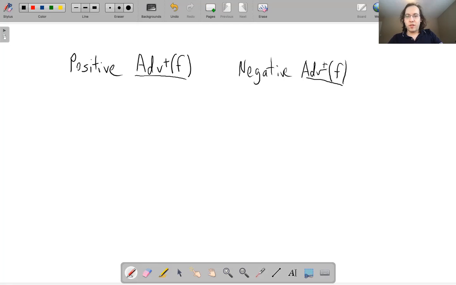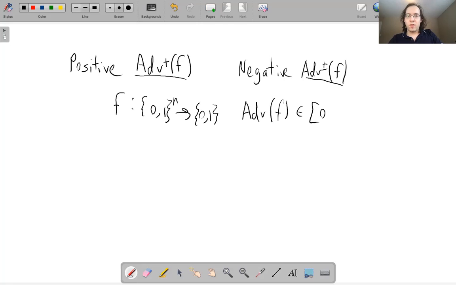For both of these measures, if f is a Boolean function that goes from {0,1}^n to {0,1}, then adv of f will be a real number between 0 and n.